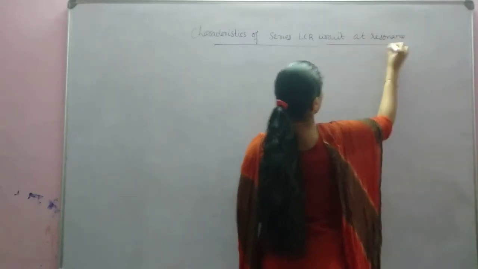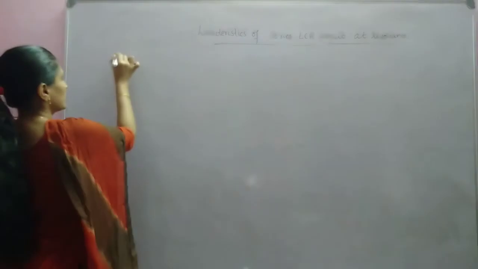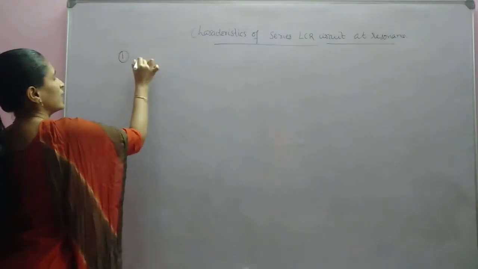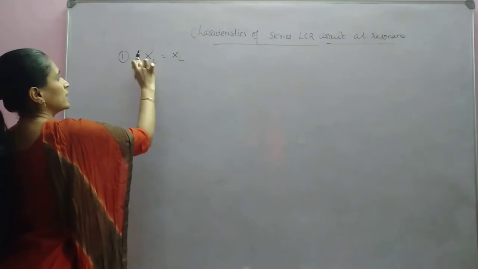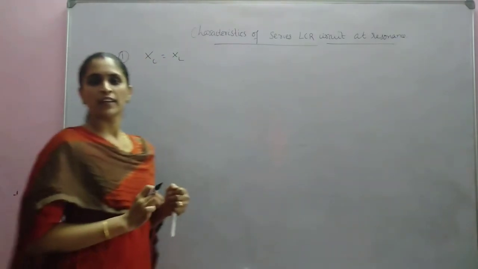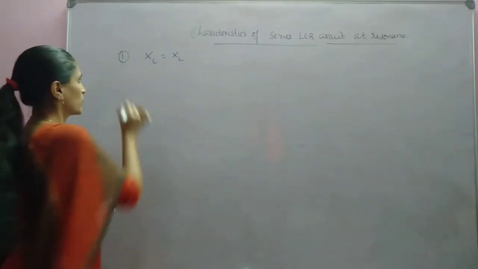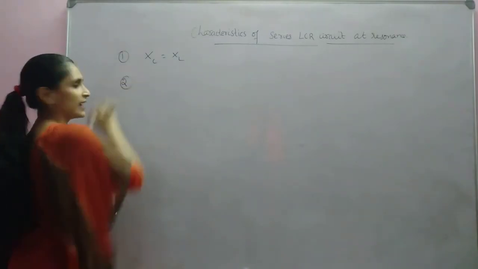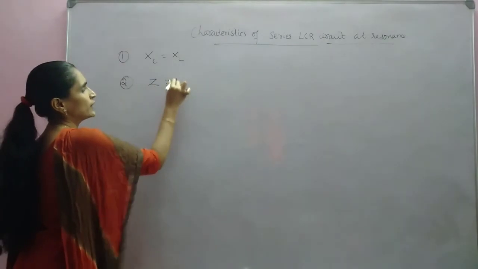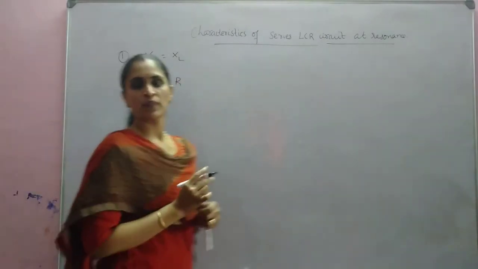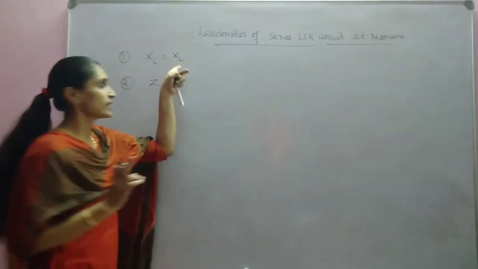Which are the characteristics of a series LCR circuit at resonance? The first property: at resonance XC is equal to XL. The second: impedance will be equal to resistance, because XC is equal to XL.